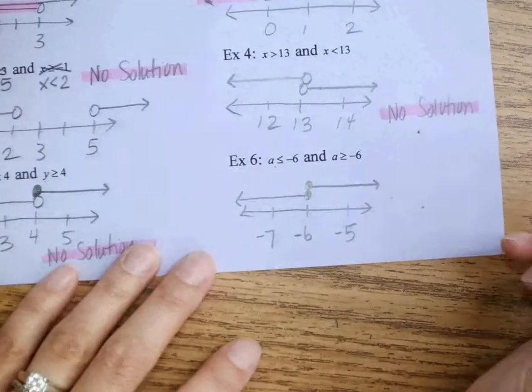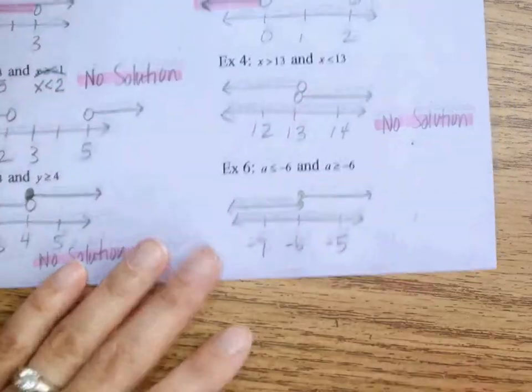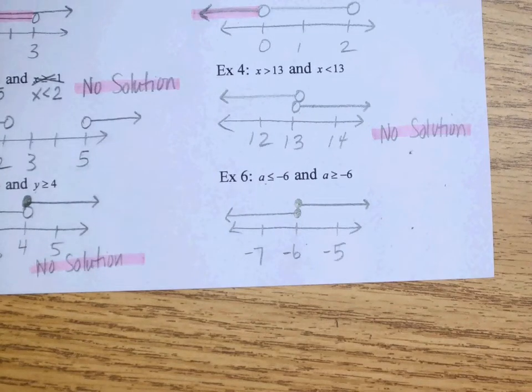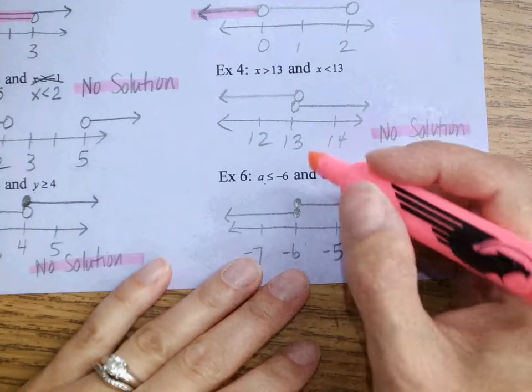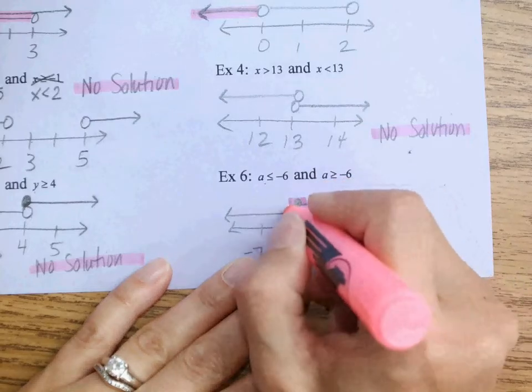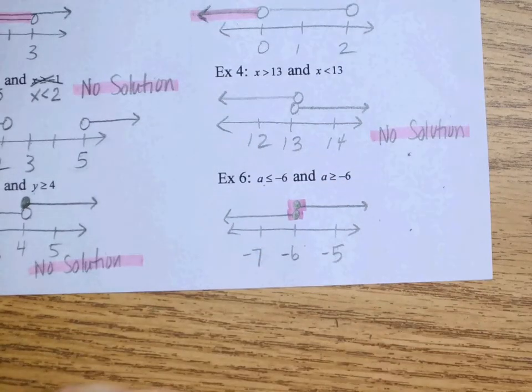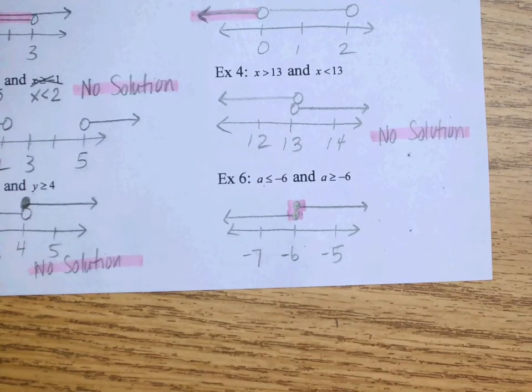And so now here's an example where, in examples number 4 and 5, they were no solutions, but now they can overlap. I have that common area, okay? So we're going to go ahead and highlight that. And as this unit goes on and we study more of these compound inequalities, there's interpretations.